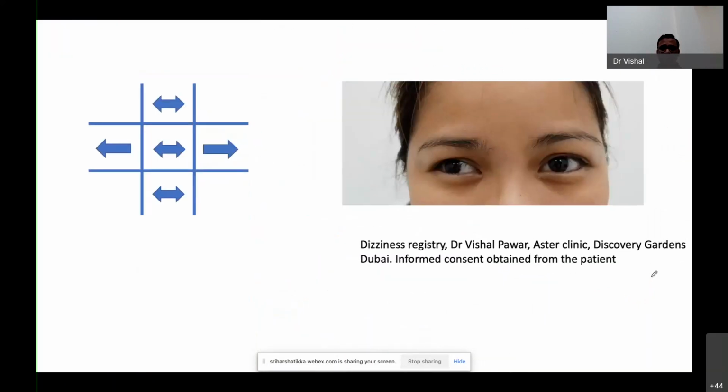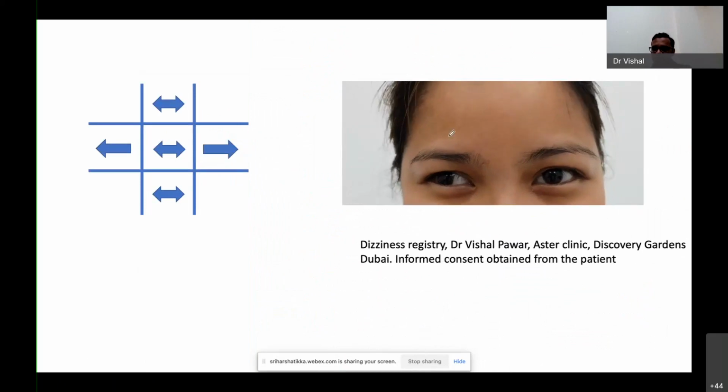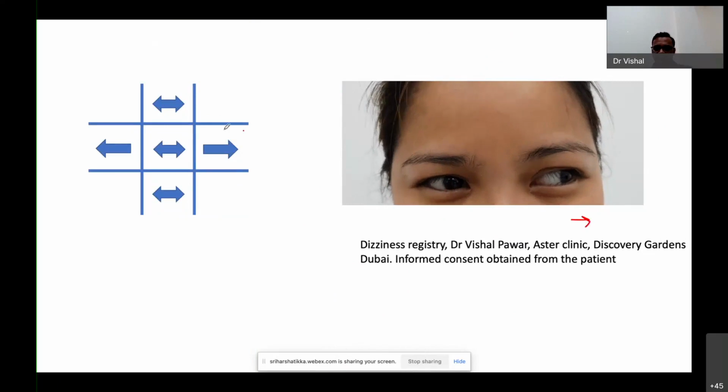Now, coming to the next thing, which is uniplanar gaze. For example, I'll show you. Okay. So look at this patient. She has, at baseline, a squint. If you could appreciate, if she is looking to the left, there is left-sided gaze-evoked nystagmus.